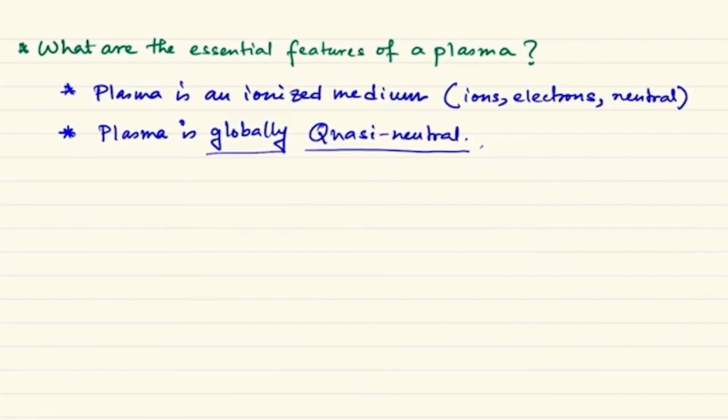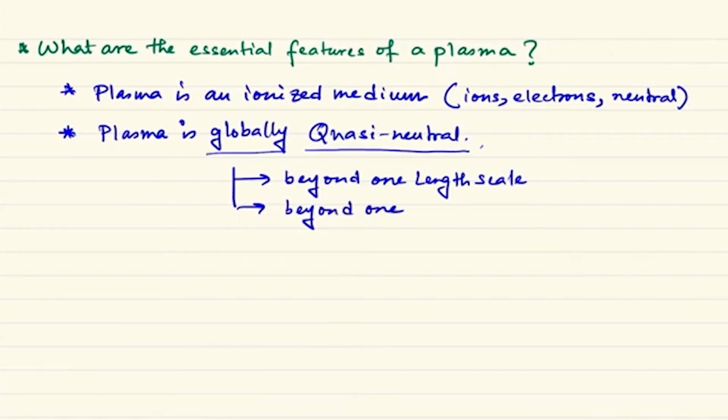Now, globally quasi-neutral simply means that we have to define a length scale and a time scale beyond which the quasi-neutrality is defined, and for plasma this is exactly the case. That is, globally means beyond one length scale and also beyond one time scale.